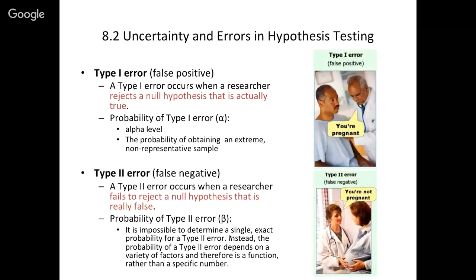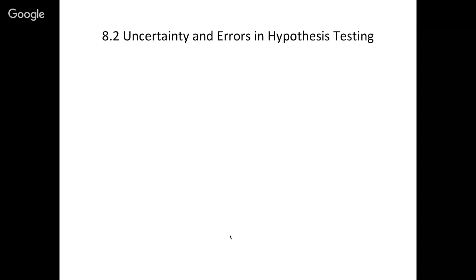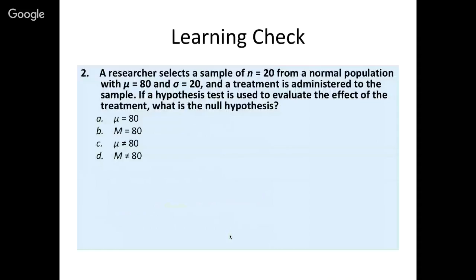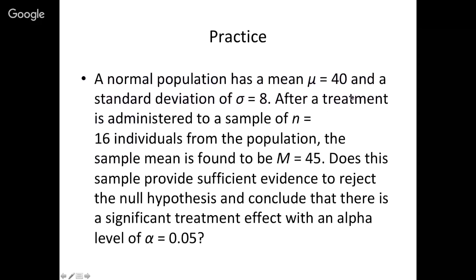Okay, so type 1 error, for example, last time we had an example like this. In the normal population, we administer a treatment, and the sample mean is not 40, it's 45.